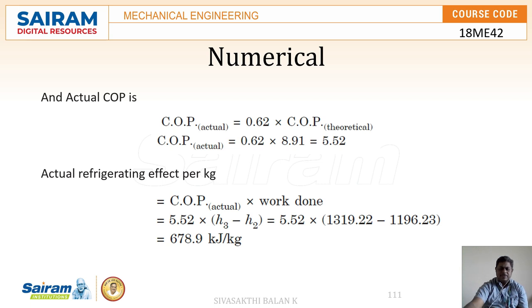Work done is nothing but the process happening between the process 2 and 3, or the process of compression. So work done we can define as H3 minus H2, and COP of actual is 5.52. In this we know all the values including H3, H2. Substitute all the values here, we get the actual refrigerating effect per kg as 678.9 kilojoules per kilogram.